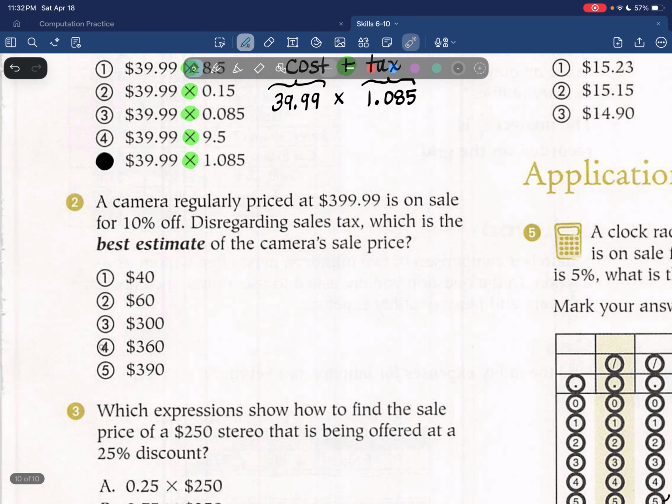Number 2, a camera regularly priced at $399.99 is on sale for 10% off, disregarding sales tax. Which is the best estimate of the camera's sale price? So there are a couple ways you can do this. You can say cost minus the discount.